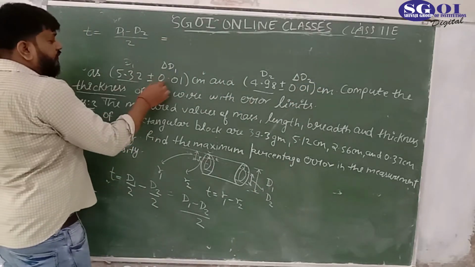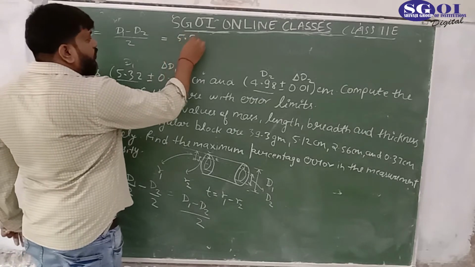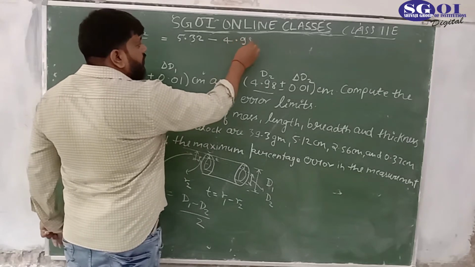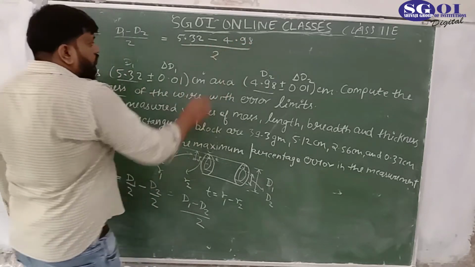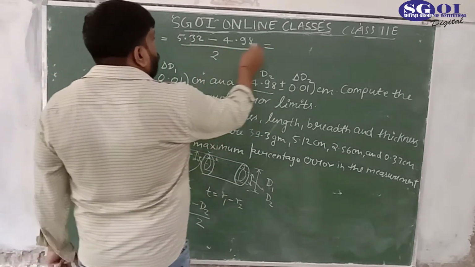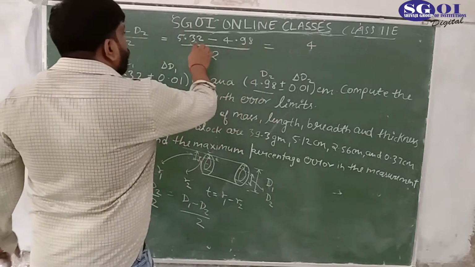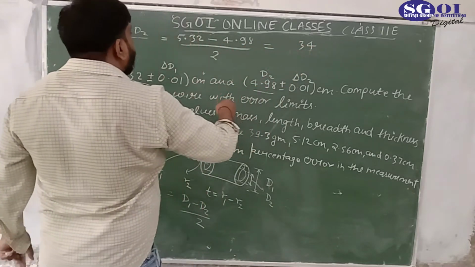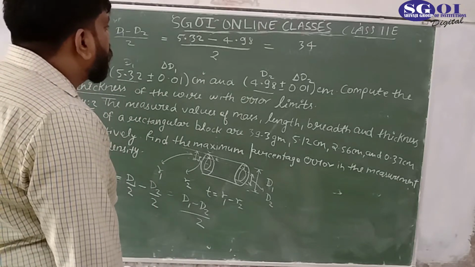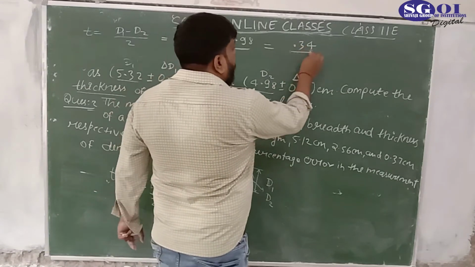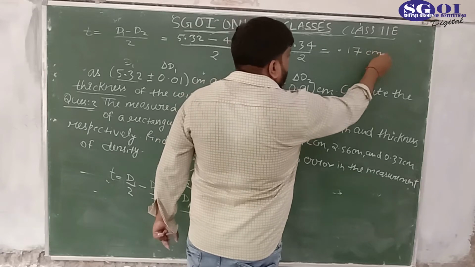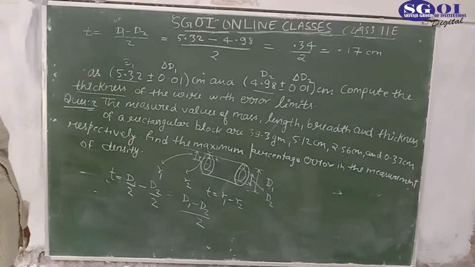D1 is 5.32 minus D2, 4.98, upon 2. That is 0.34 divided by 2, which is 0.17 centimeter. So the value of T is 0.17 centimeter.